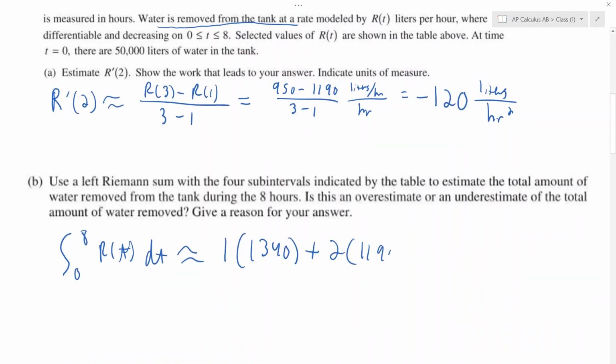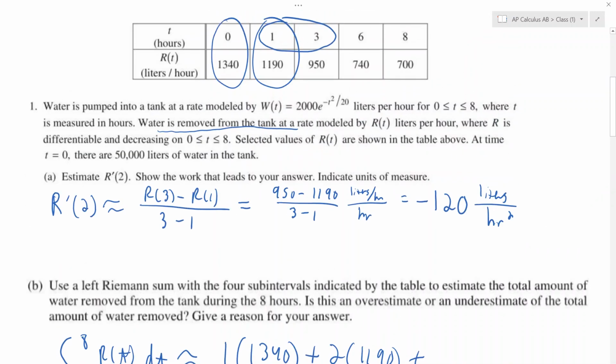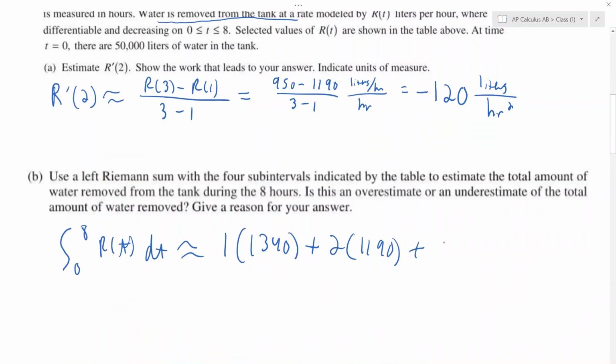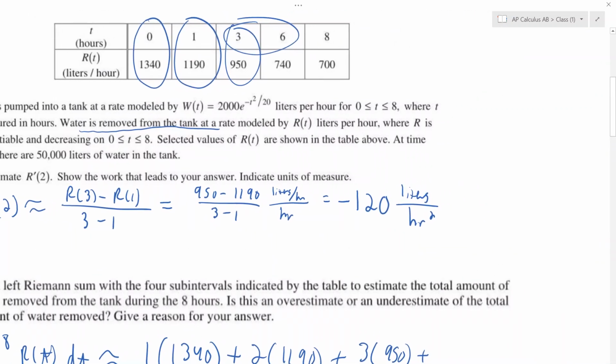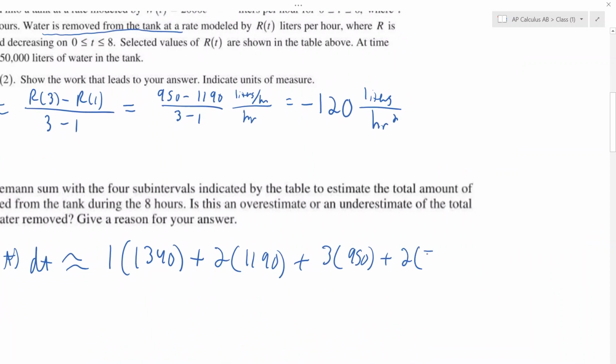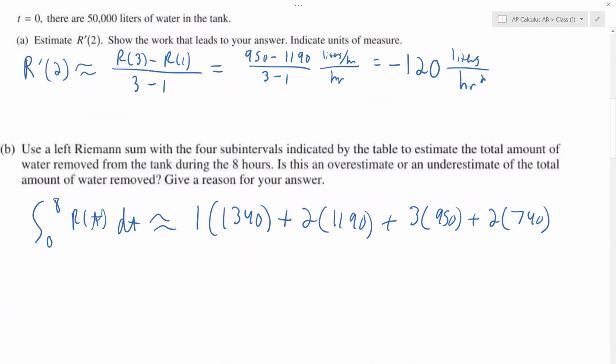So 2 times 1190, plus the next one's got a width of 3 and a height of 950 on the left side, plus 2 times 740. Everybody okay with that? Everybody know what that happens to equal? 8,050. Awesome. And what units are on there? Liters.